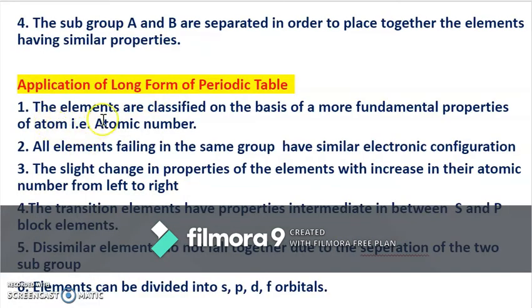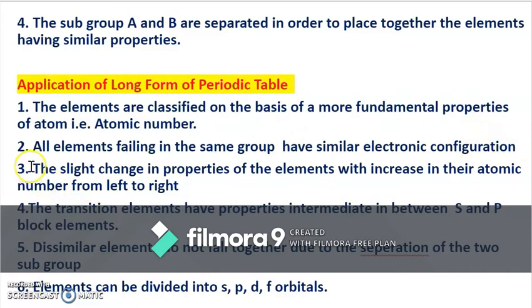Now these are some applications of the long form of the periodic table, or modern periodic table. The elements are classified or arranged on the basis of a more fundamental property of the atom, that is atomic number, by taking atomic number as the basis for classification of elements. The second application is that all elements in the same group have similar electronic configuration as well as similar chemical properties.